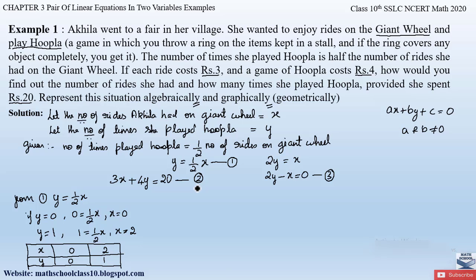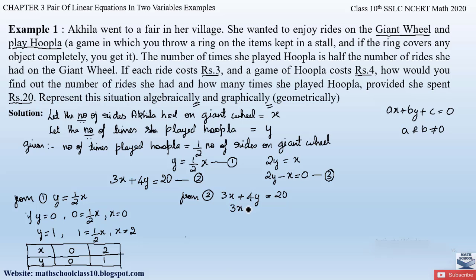Similarly, let us draw the table by substituting the value of x and y in equation 2. From equation 2, we have 3x plus 4y is equal to 20. Here again we have to substitute the y value and find out the x value. So let us bring this equation into a form such that we send the y term to the right hand side and are left with just the x term on the left hand side.